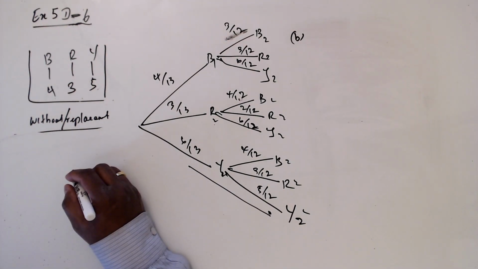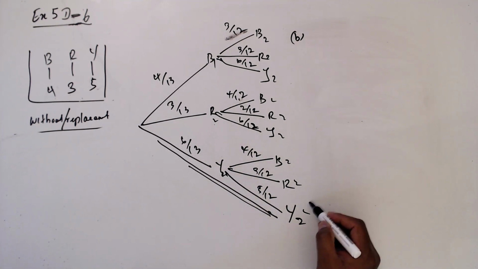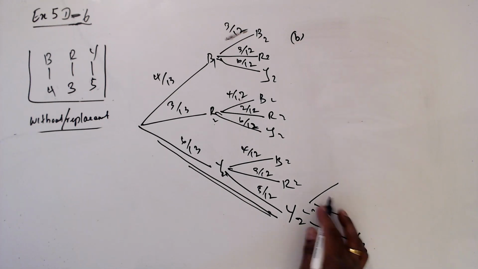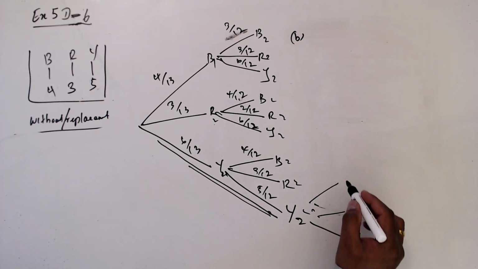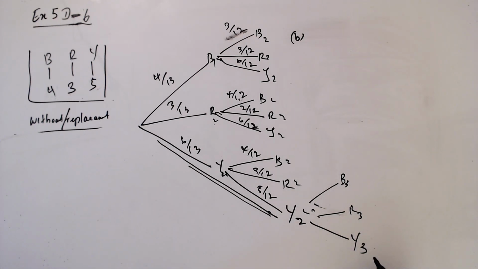Part B, write down the probability that the third token is yellow given that the first two are yellows. First two are yellows and third one also yellow, y3. So this is b3, r3, y3.